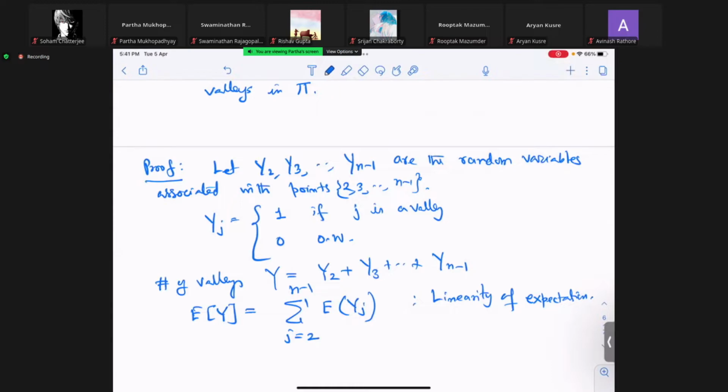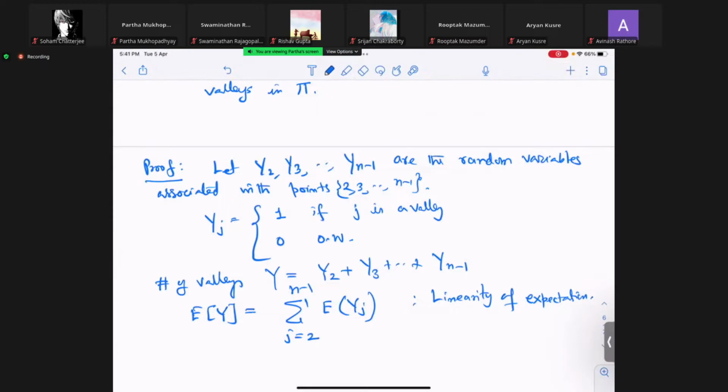Can somebody say how to compute E of yj? Work it out and tell me. That's a simple question, right?